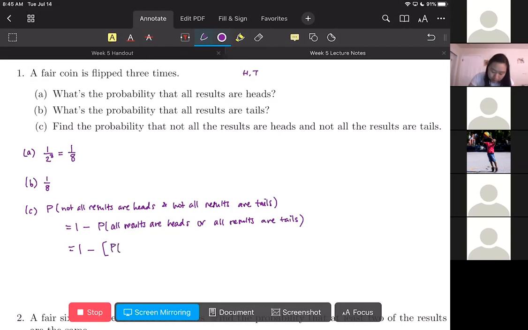So probability, all results are heads, plus the probability that all results are tails. And then we just calculated that in part A and part B. So this is going to be 1 minus 1/8 plus 1/8. And this gives us 3/4.